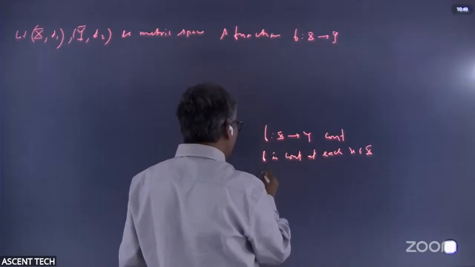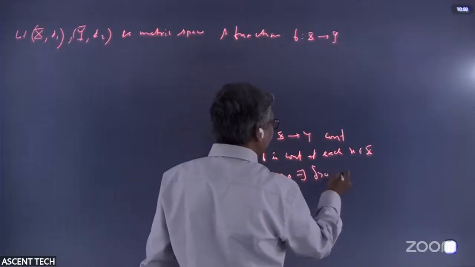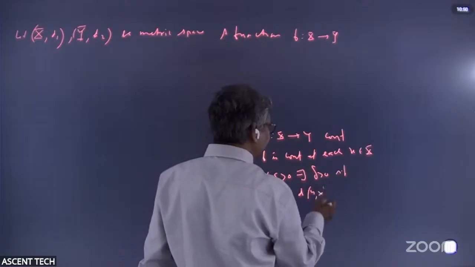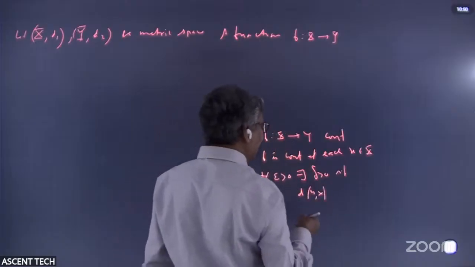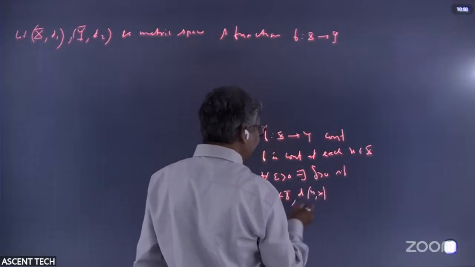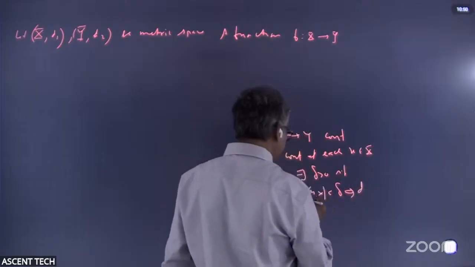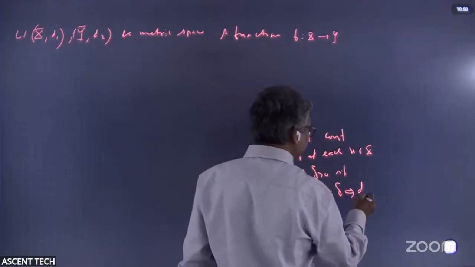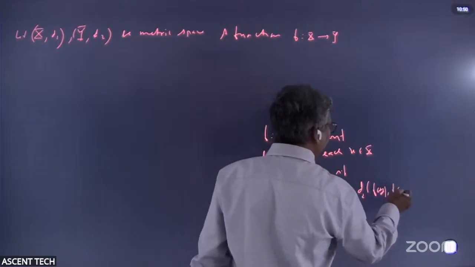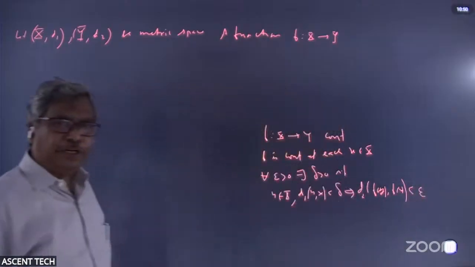For every epsilon greater than 0, there exists a delta greater than 0 such that for y in X, distance between y and x less than delta implies the distance between f(x) and f(y) is less than epsilon. That's what continuity at the point x means.